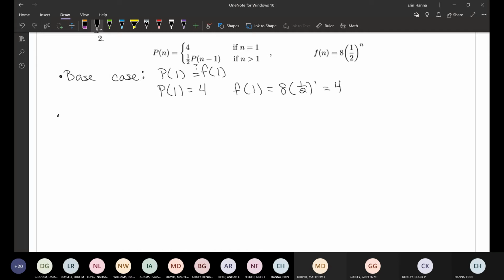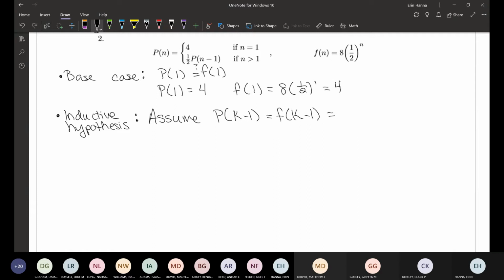Inductive hypothesis. So again, the inductive step, I kind of break it up in 2 spots, but so we assume P of k minus 1 equals f of k minus 1.